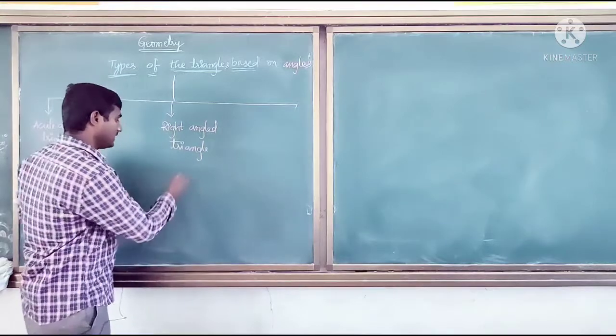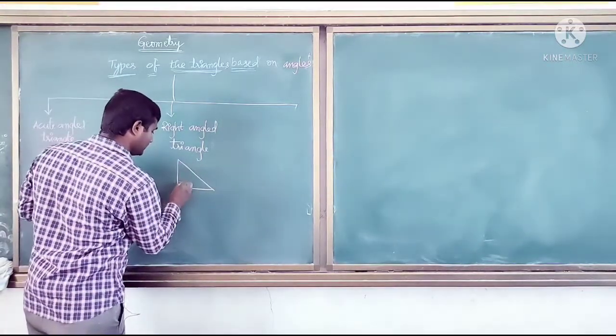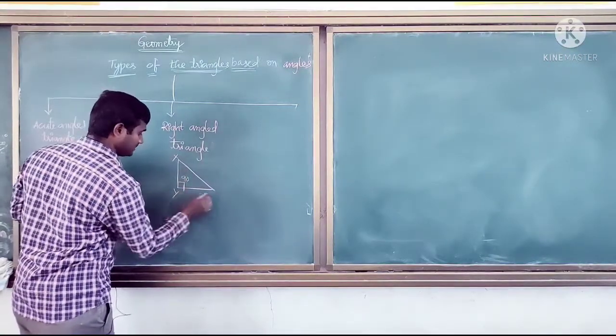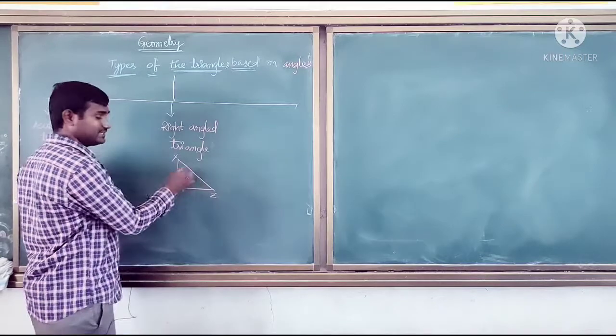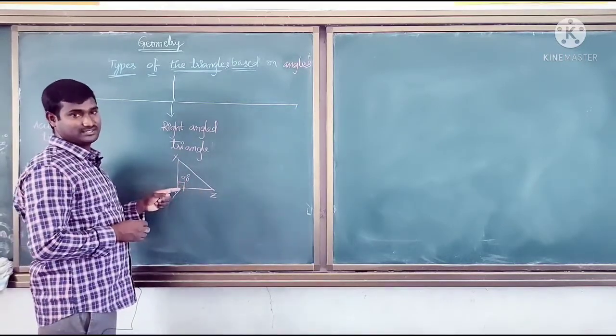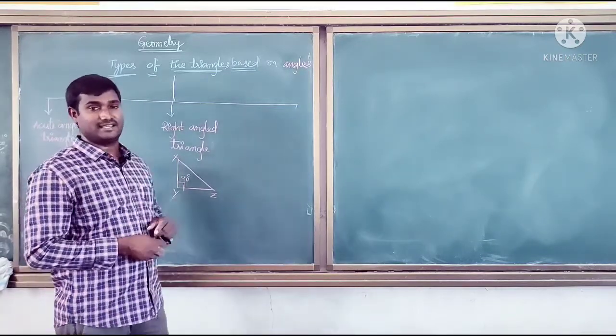Suppose I am taking this as 90 degrees. Okay, XYZ. So in this triangle XYZ, one angle is 90 degrees. Then we can call it a right angle triangle.